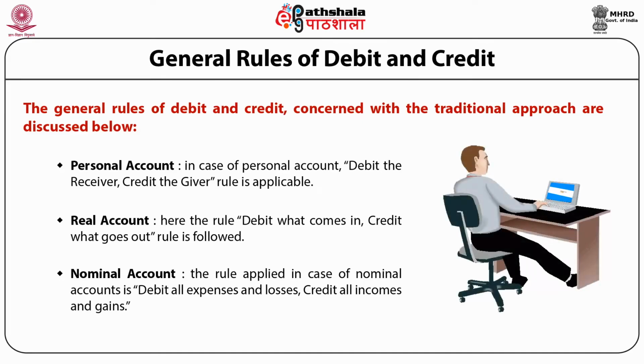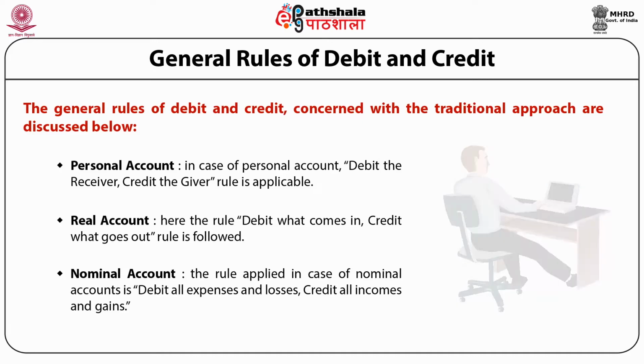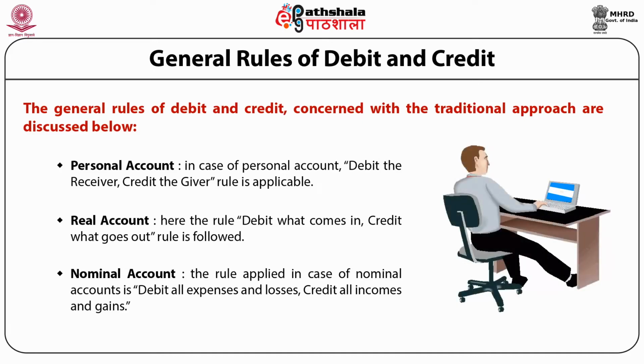Example 1. Transaction: sale of building for rupees 3 lakhs. Analysis: the first step is to find the number of accounts involved. Here, cash account and building account are involved. The building account is a real account and the cash account is also a real account.